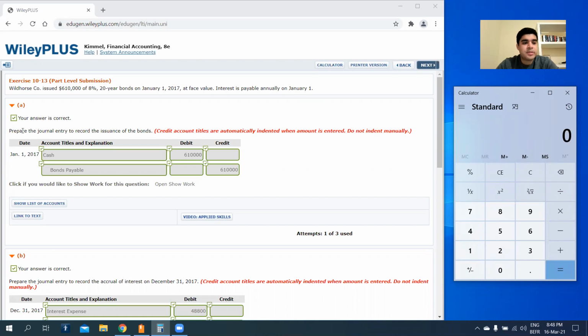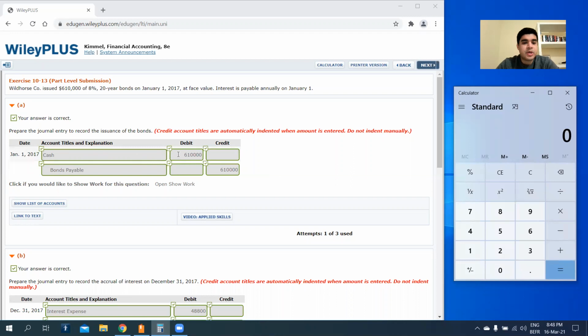This is a part level submission, so there are 4 parts in this exercise. The first one says, prepare the journal entry to record the issuance of the bonds. When you are issuing a bond, you are receiving cash and you are acquiring a liability, so bonds payable.